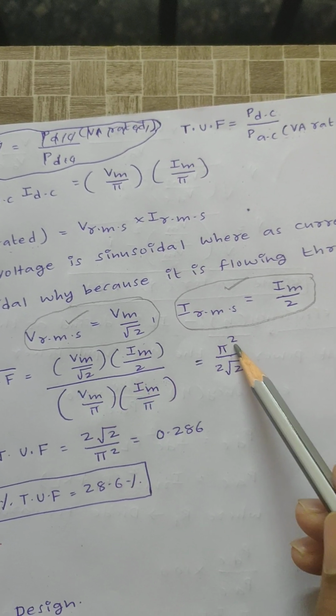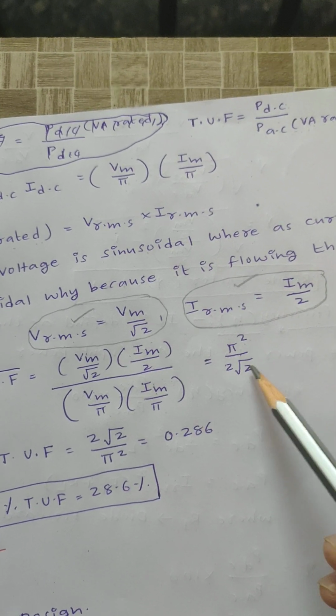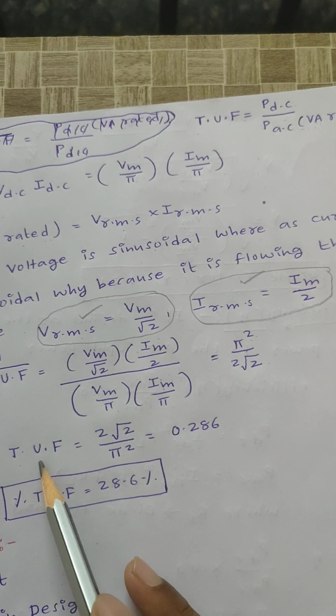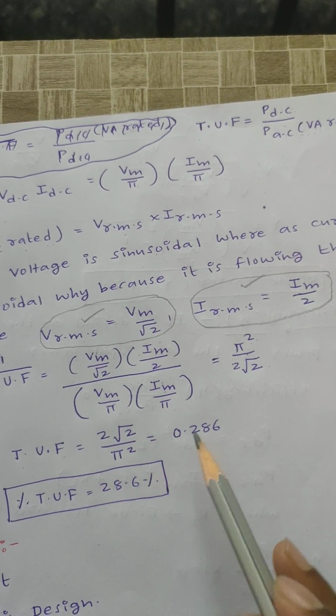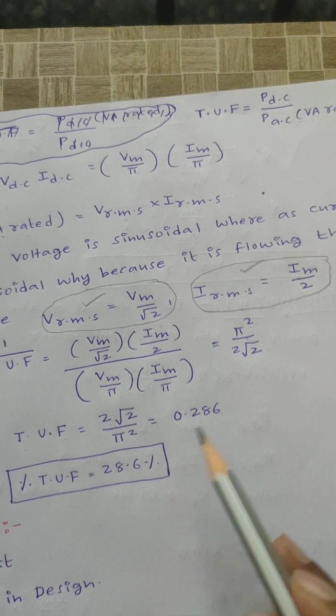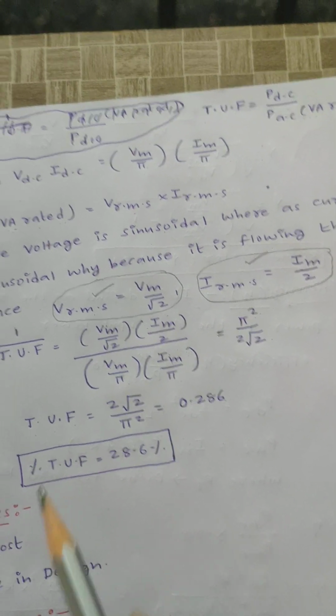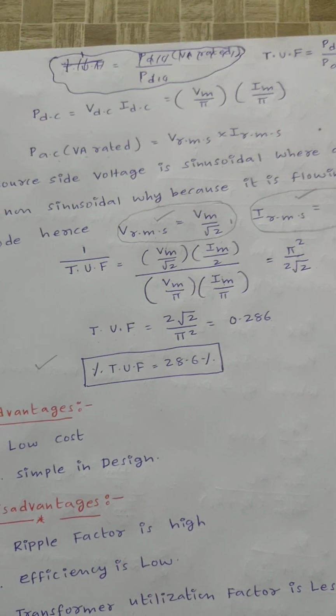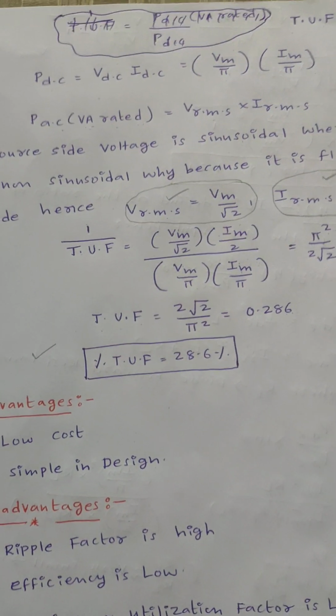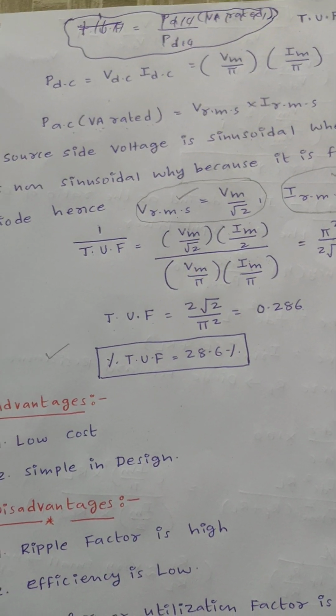If I simplify this equation, I will get pi square by 2 root 2. Then transformer utilization factor will be 2 root 2 by pi square, which is equal to 0.286. That means in this rectifier we are utilizing 28.6% of the transformer. That is nothing but the transformer utilization factor.